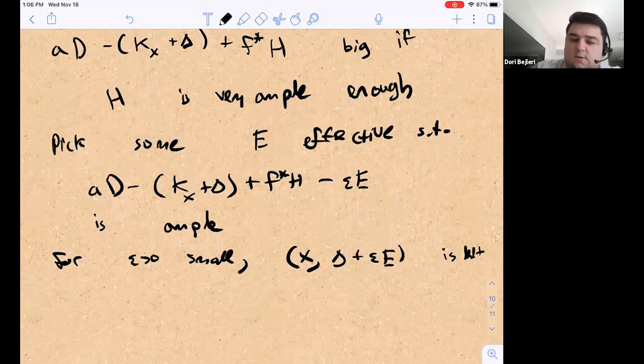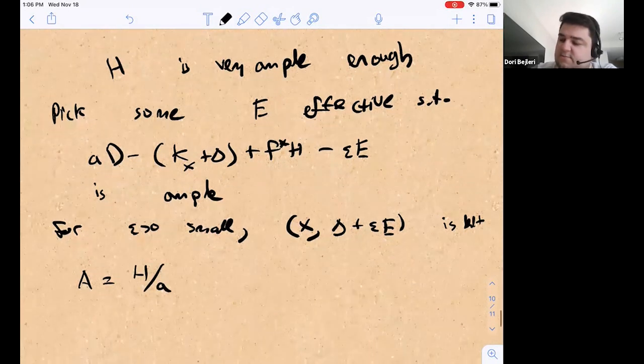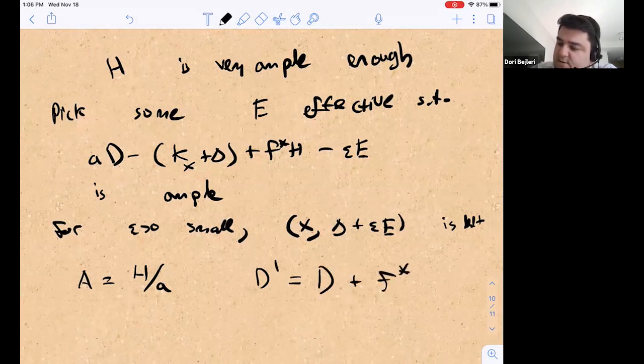And so then we let A just be H divided by little a, this is A in front of the D, and then let D prime be D plus f upper star A as above. So then what do we have?